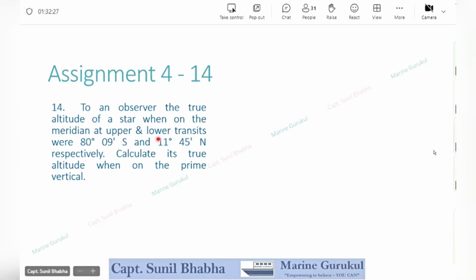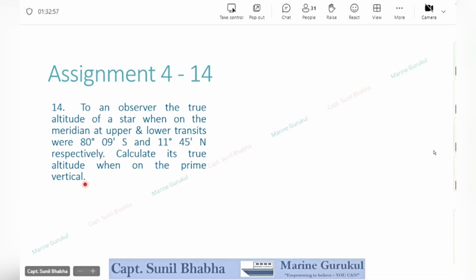Upper and lower transit, or upper and lower meridian passage, occurs only if a body is circumpolar. So its altitude was 80 degrees 9 minutes on the southerly bearing, and 11 degrees 45 minutes on the northerly bearing. Calculate its true altitude when on the prime vertical.